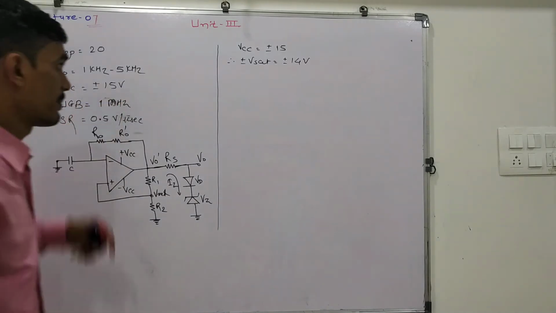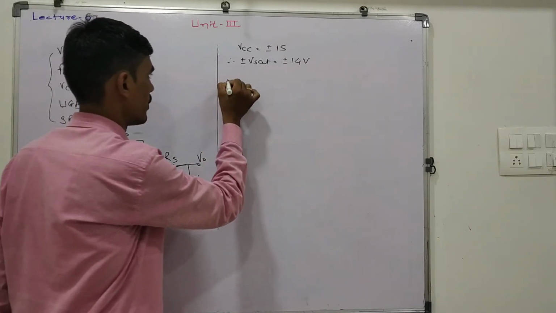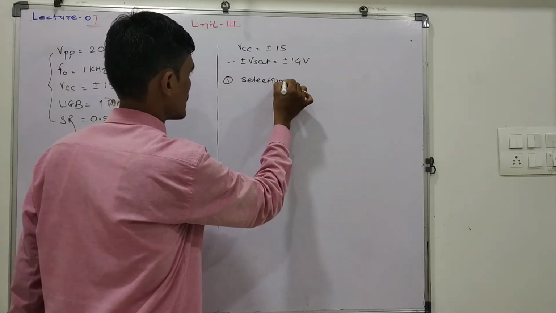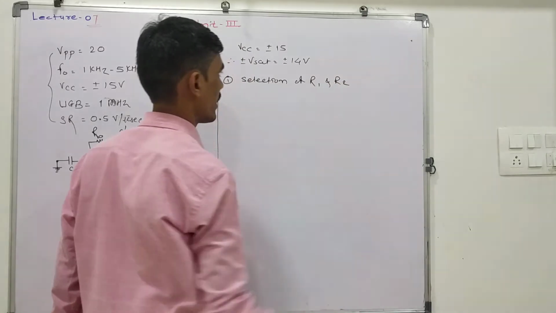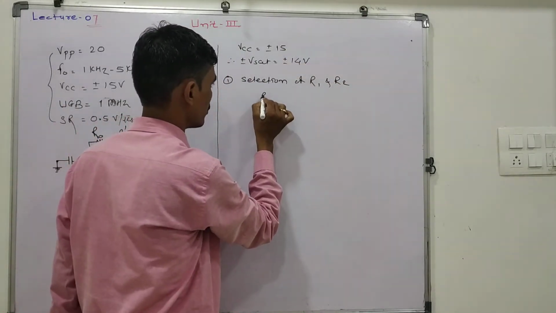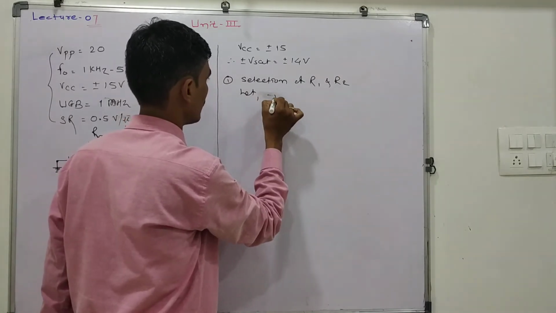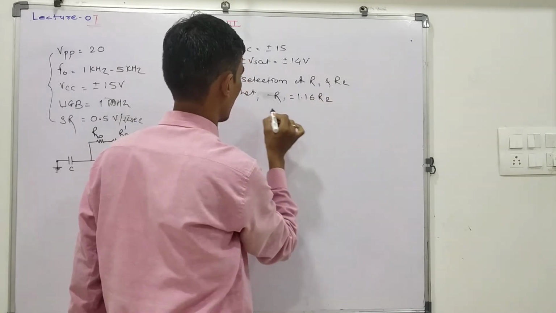Then the next step is selection of R1 and R2. How are we going to select R1 and R2? Let us start. Let R1 be equal to 1.16 R2.